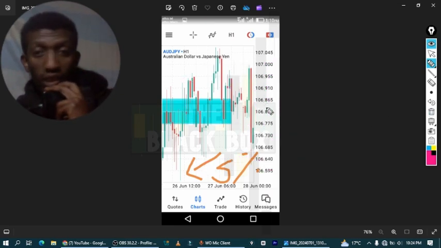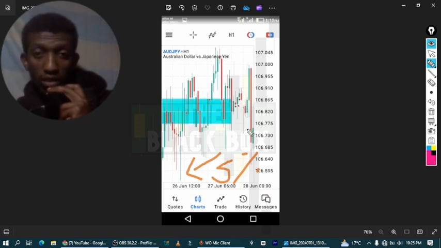Then after that, what happened? After that, we found another black box. Where did we find another black box? There, 1, 2, and 3.